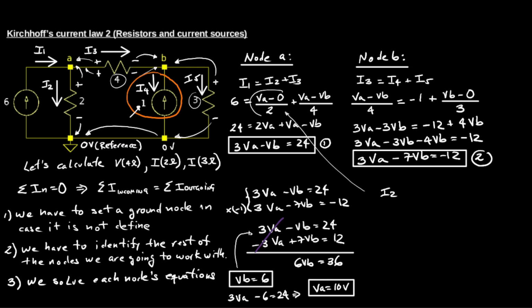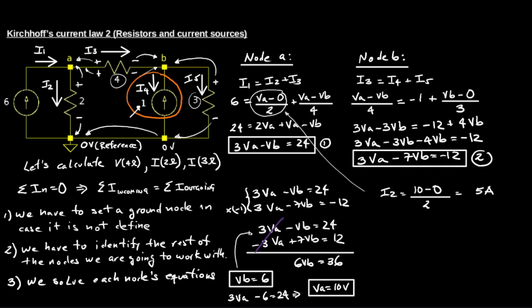Okay, so I2, which is the current through 2 ohm resistor, which I was asked to calculate, equals, as I wrote before, you can see it on the upper left when I solved node A equation. I can get that I2 equals VA, which is 10 minus 0 divided by 2, and I2 equals 5 ampere.